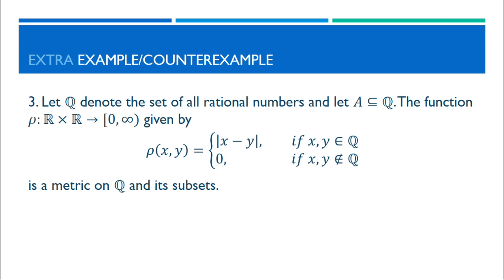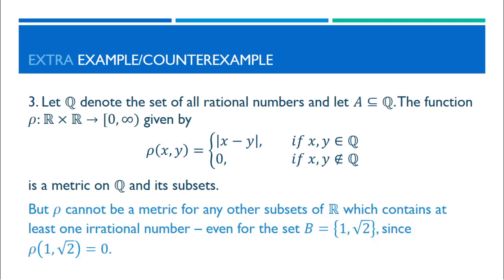So I'm defining a new function rho, where rho of (x, y) is equal to the absolute value of x minus y if (x, y) belongs to Q, and 0 if (x, y) doesn't belong to Q. Oh, that. Okay, I worded the definition wrongly.